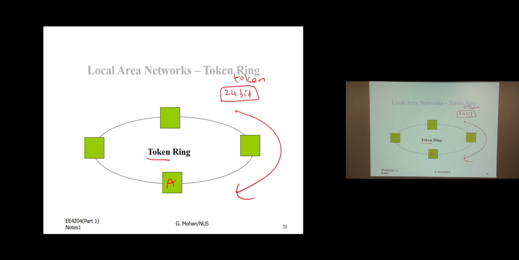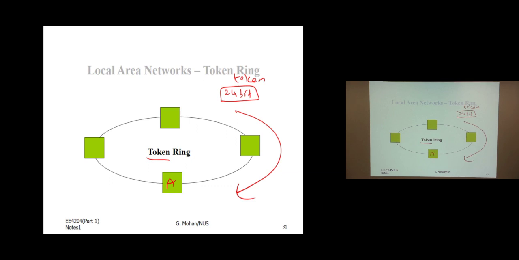Then B checks whether he wants to send any data. If he has some data to transmit, he transmits, then passes the token to the next one. Is that fine? So at any instant of time, the token can be on the link, or it can be with any one of the hosts. So only one can transmit. Two cannot transmit at the same time because there is only one token circulating.